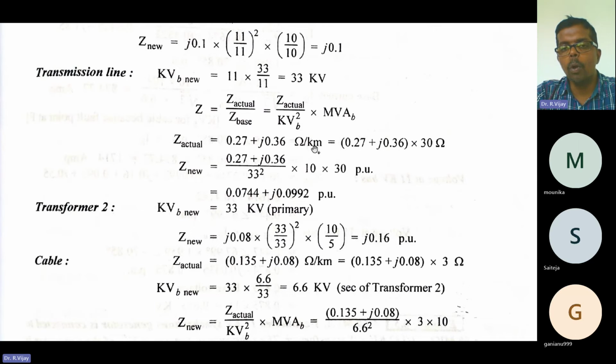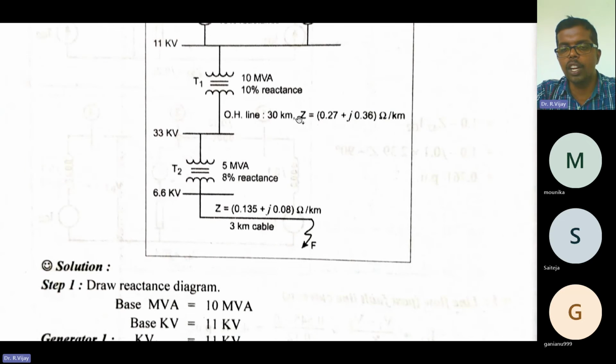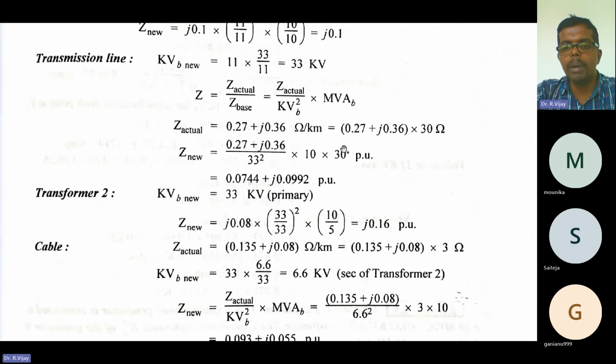But how many kilometers is also given in the problem: 30 kilometers. So simply you need to multiply by 30, and you'll get the Z actual value in ohms.